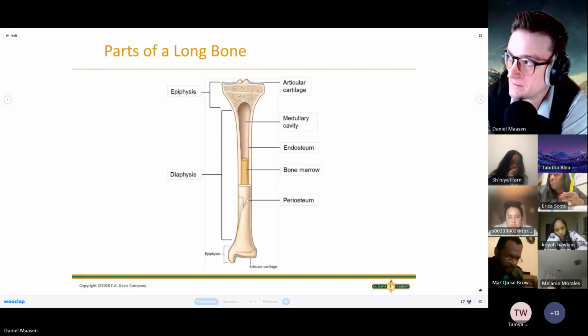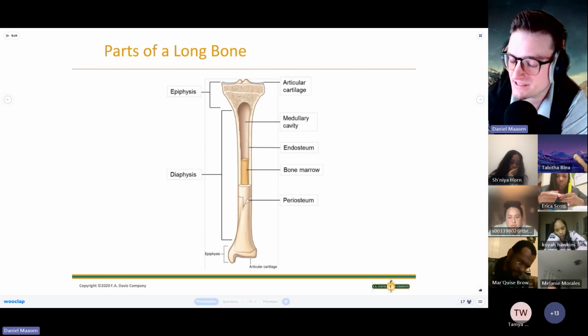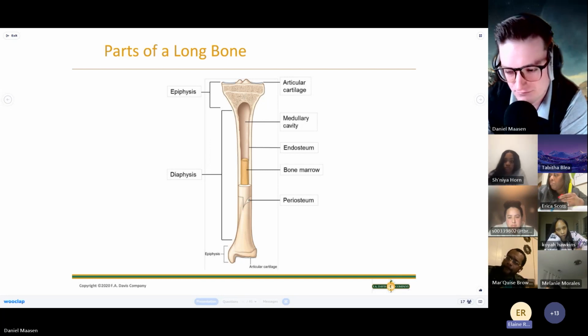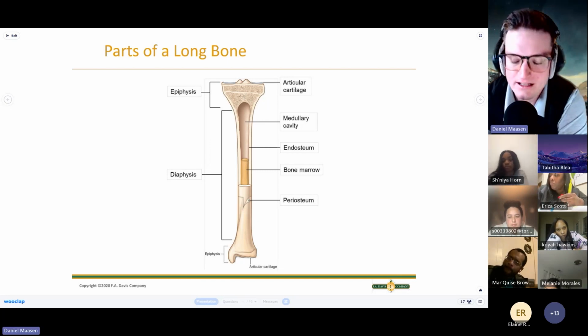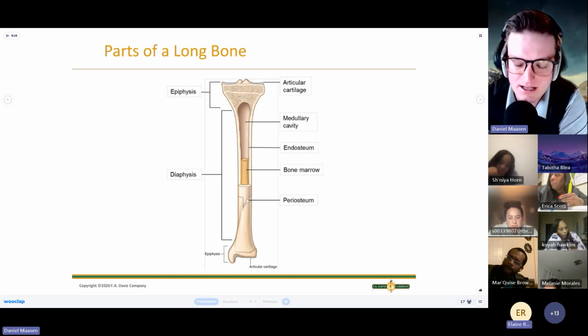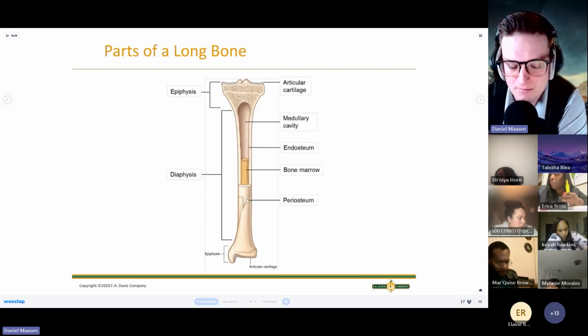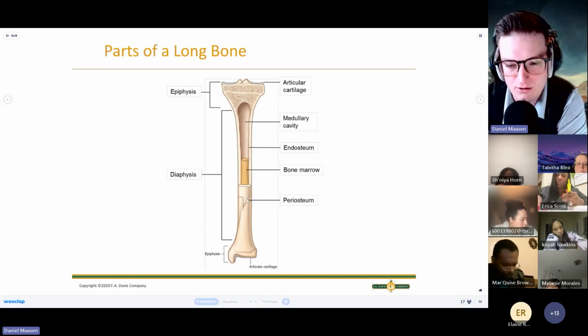So, Sarah, quick question. If an adult has a bone marrow transplant to do, where would they get that marrow from, an adult or from a child? It depends. Sometimes they will get donations from adults, but they do donations from a child.